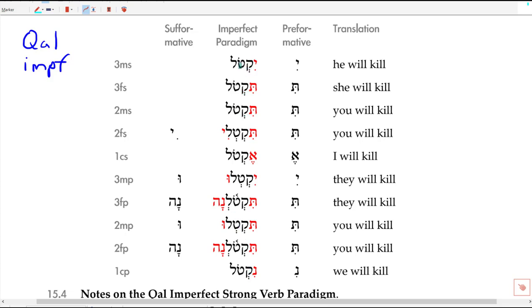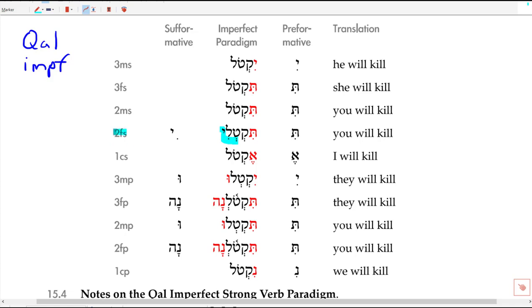Then we can look briefly at the R2 vowel, or the theme vowel, and that is going to be a holem, and that's true for many qal strong verbs. Some qal strong verbs have a patach, but most, or many at least, have a holem. And then our exception in this chart will be these verbs that have a vowel letter as a suffix.